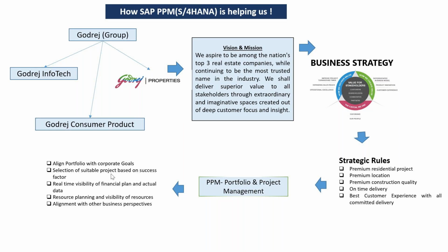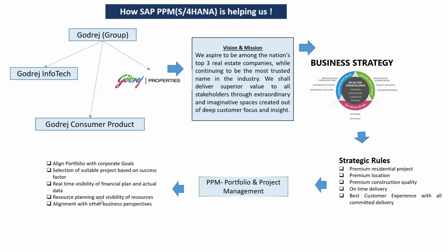Okay, so as a standard, whatever benefits we are having from the PPM side, it's helping us to align the portfolio with corporate goals. So we have the goals of the organization, and here PPM is helping us to align the portfolios with organization goals. Selection of suitable projects based on success factors.